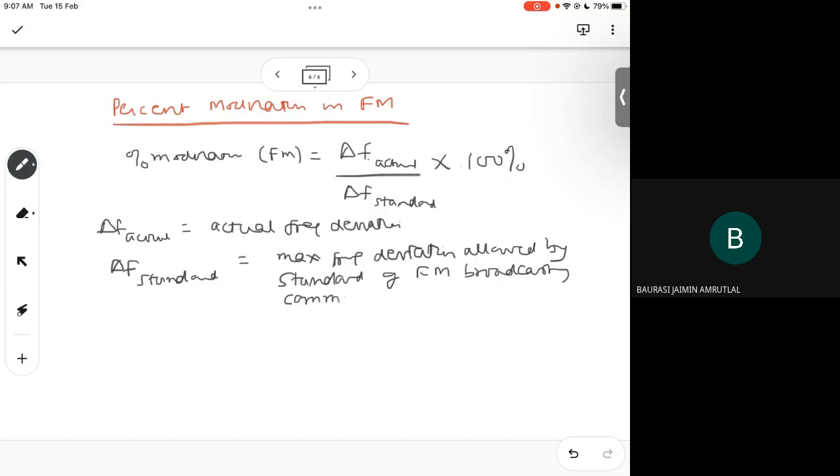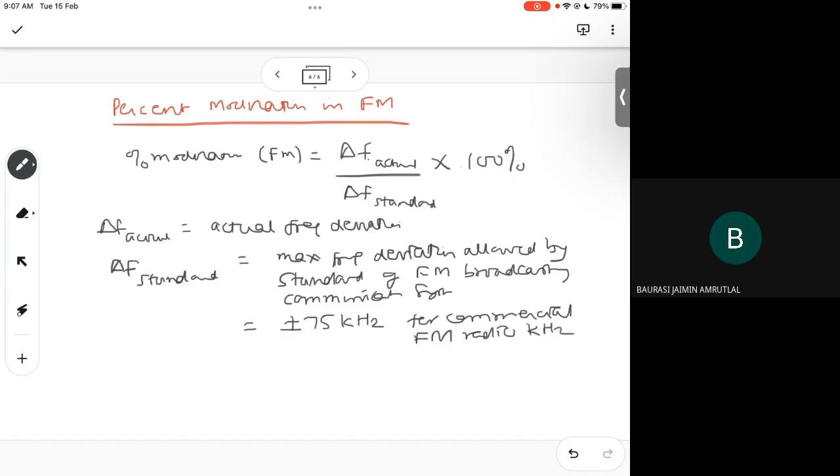FM is basically used for FM broadcasting. For example, it is equal to plus minus 75 kilohertz for commercial FM radio. That means the maximum deviation is allowed to vary by plus or minus 75 kilohertz.